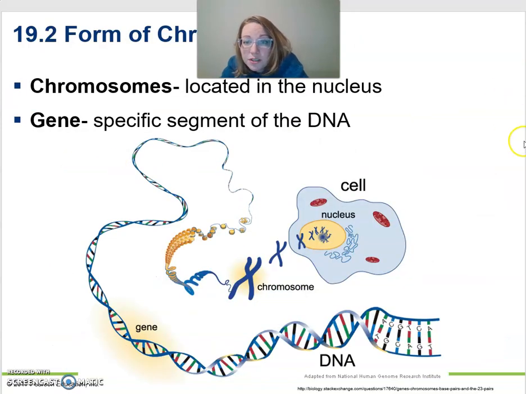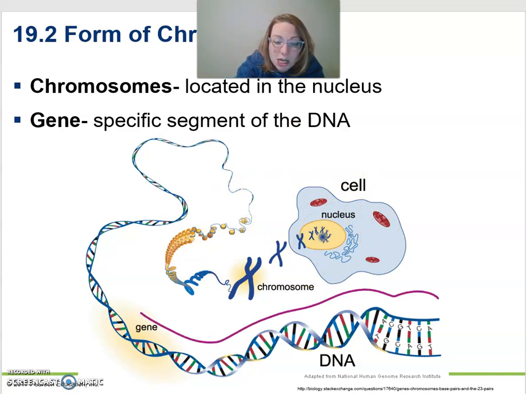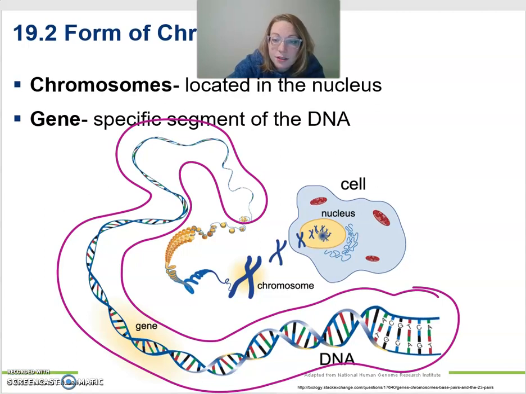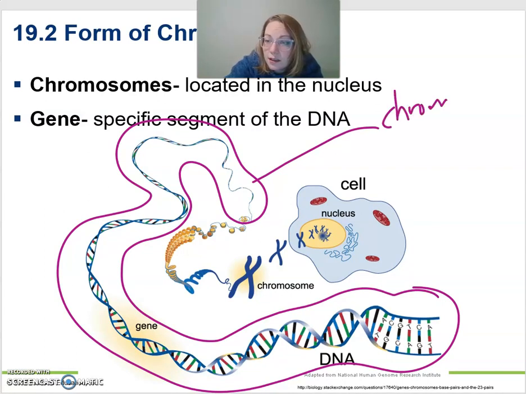Okay, so first we should talk about DNA, and it's actually got different forms based on what the cell is doing. So the chromosomes are these condensed, thickened versions of the DNA. It actually has a different name when it's long like this and being read. In this case, it's chromatin. It's string-like.